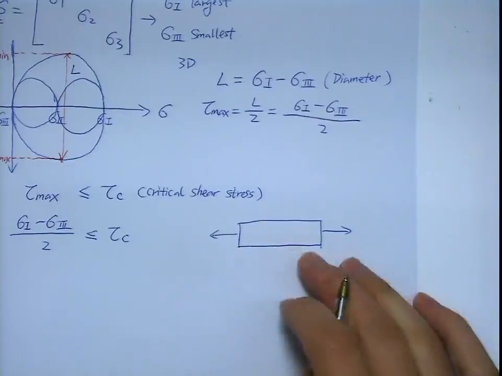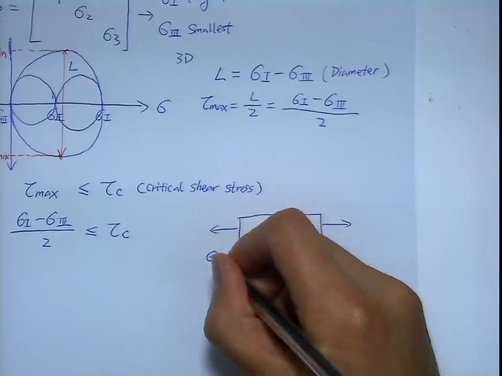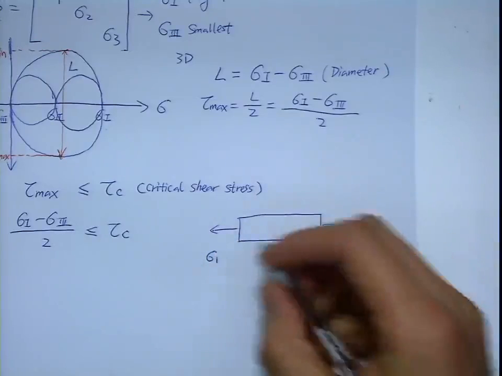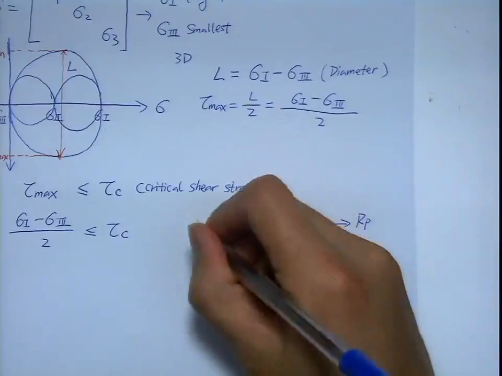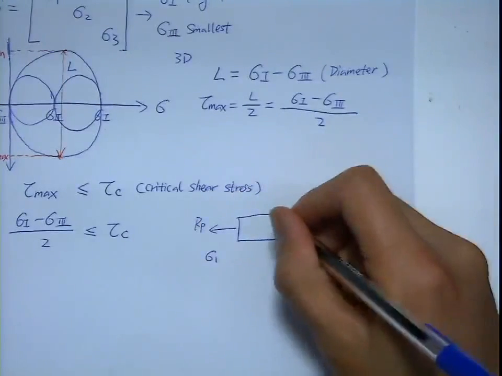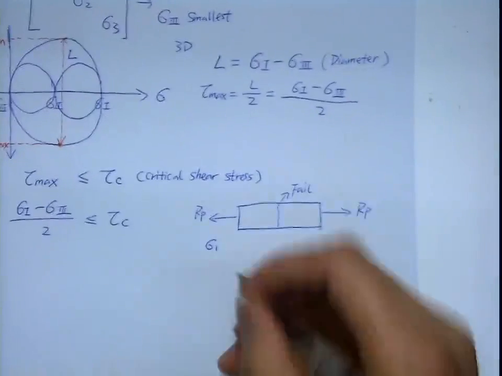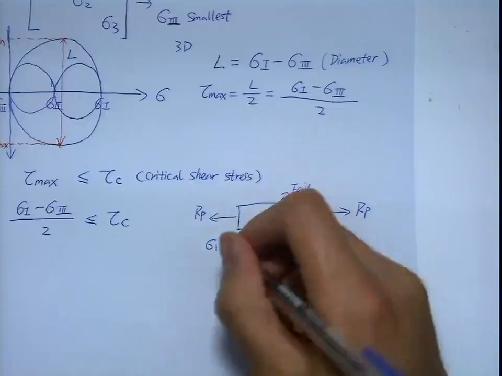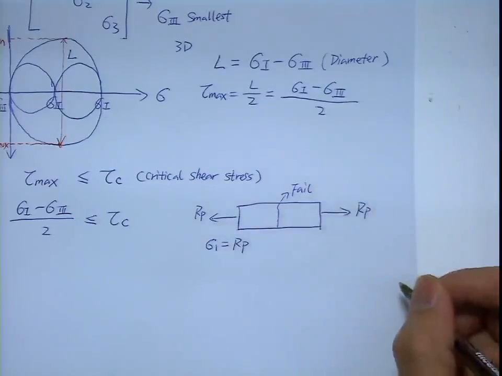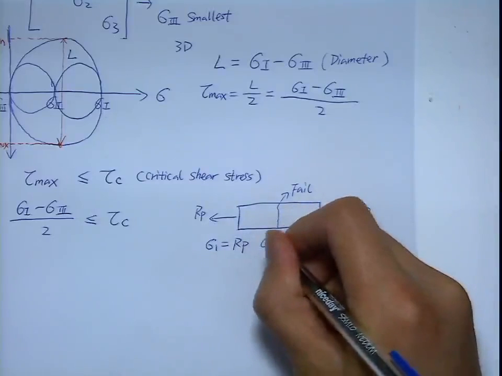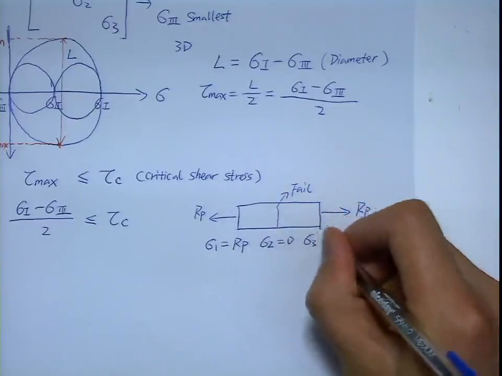So for this case, what happens is sigma 1, the principal stress, let's say it will fail at RP. Failure here. So sigma 1 will equal RP, right? Sigma 2 equals 0. Sigma 3 equals 0.